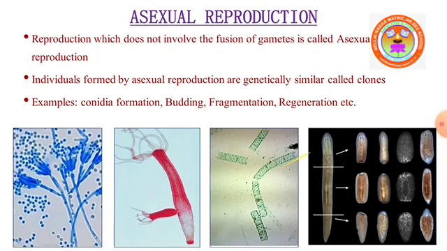What is meant by asexual reproduction? The reproduction method which involves perpetuating its own species without involvement of gametes is called asexual reproduction. Simply say, asexual reproduction does not involve fusion of gametes.